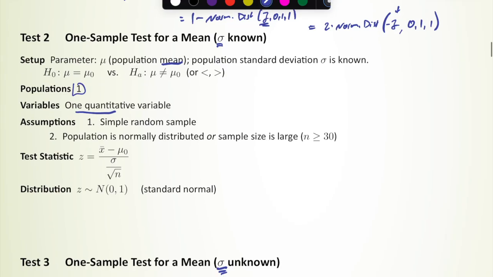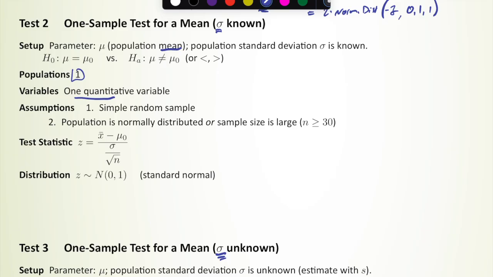Okay, we'll talk about the assumptions in class, but notice again that this is a z-score and that the z is a standard normal distribution.